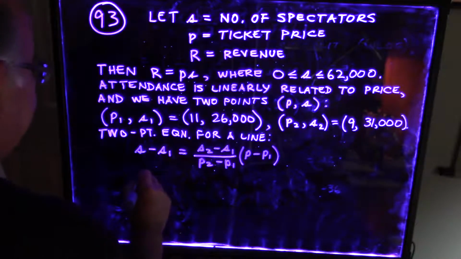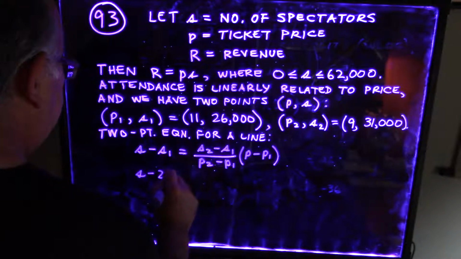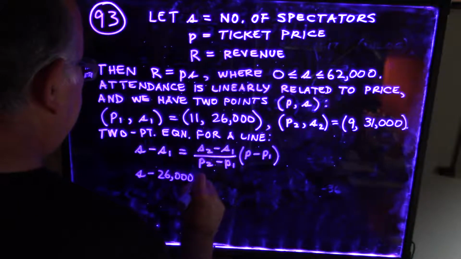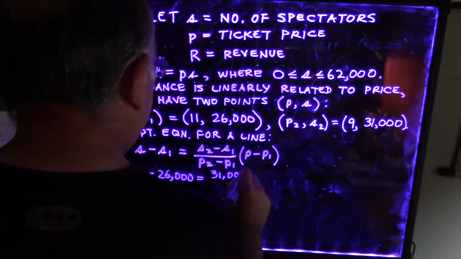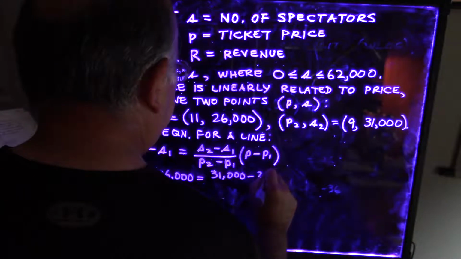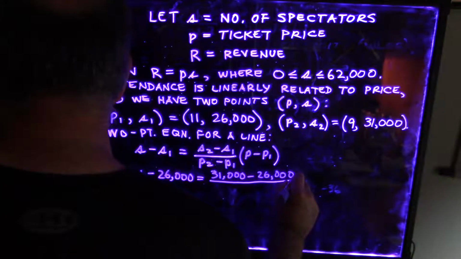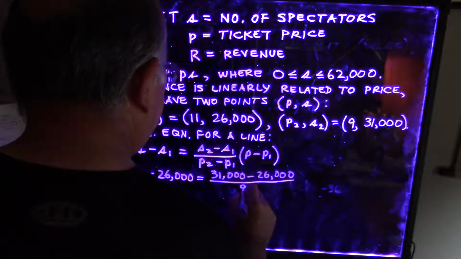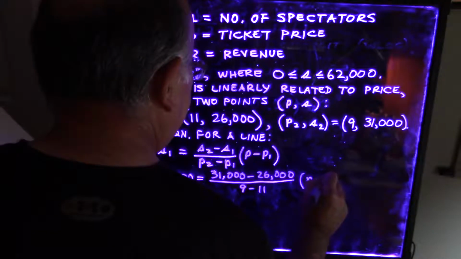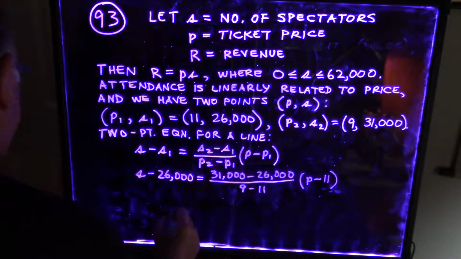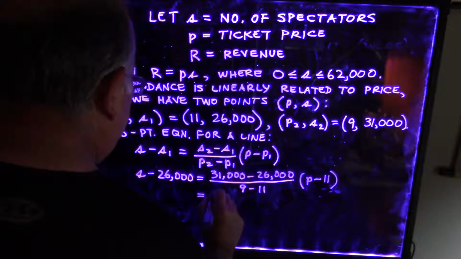So filling in the details, we've got s minus 26,000 equals 31,000 minus 26,000 over 9 minus 11 times the quantity p minus 11. And so the right hand side equals 5,000 over negative 2.